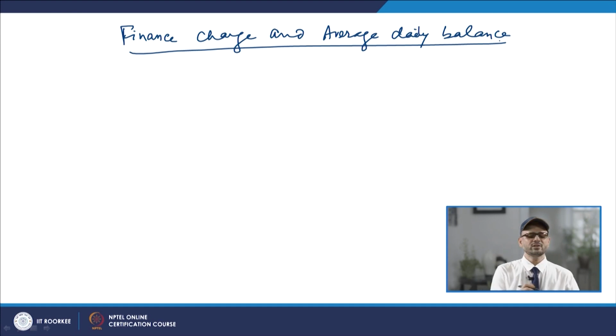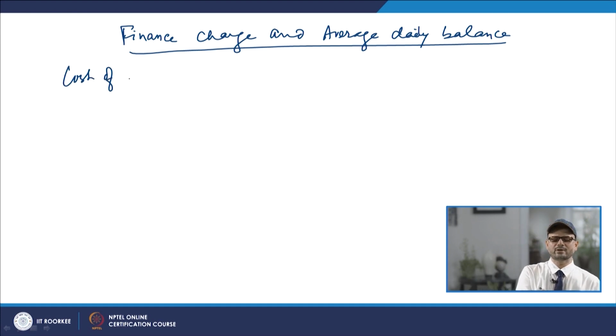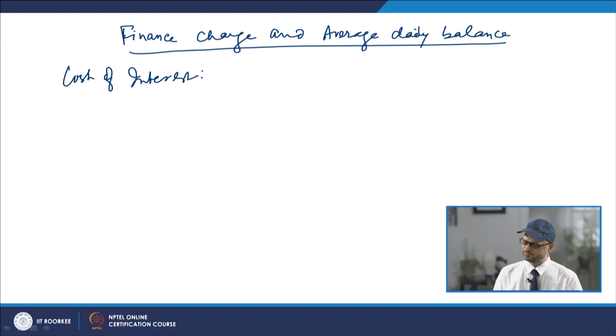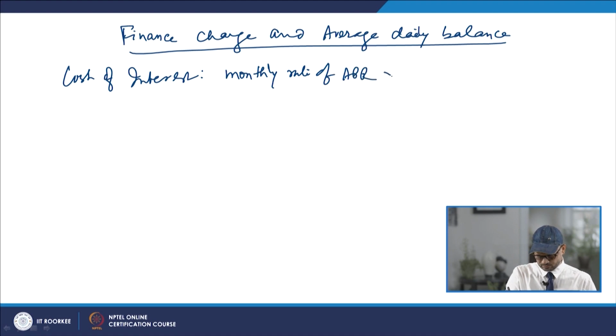Now, this cost of interest you have to calculate, and it will be calculated using the monthly rate of APR. So, you have the product of the monthly rate of APR and the average daily balance.